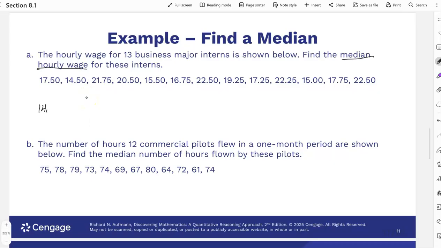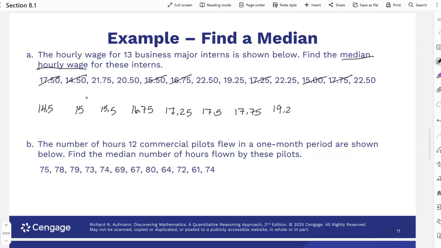So we have 14.5, 15, 15.5, 16.75, 17.25, 17.5, 17.75.